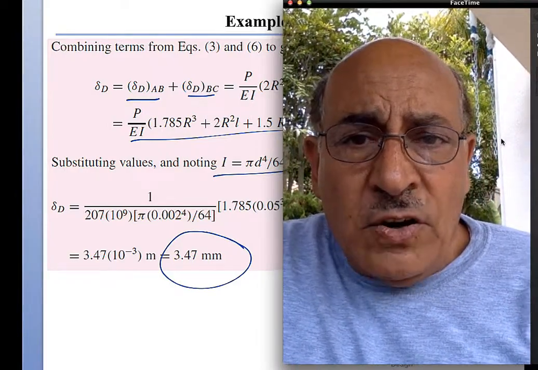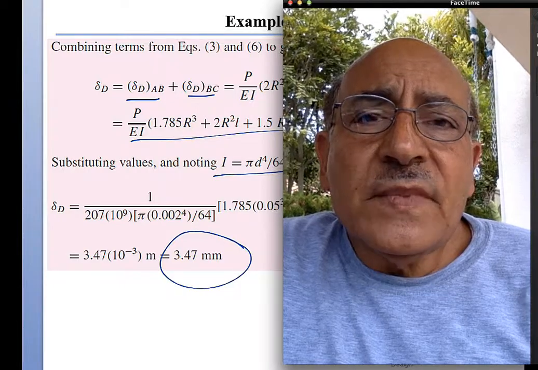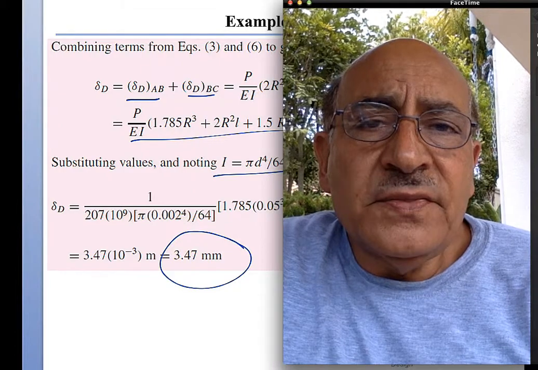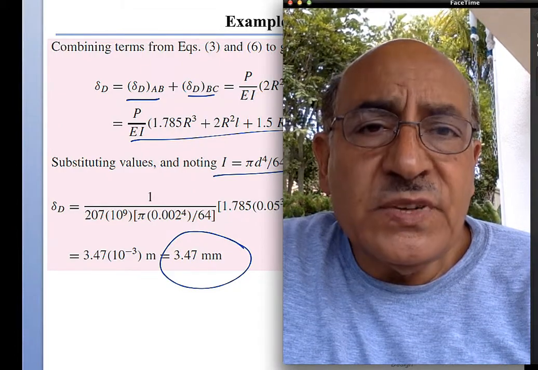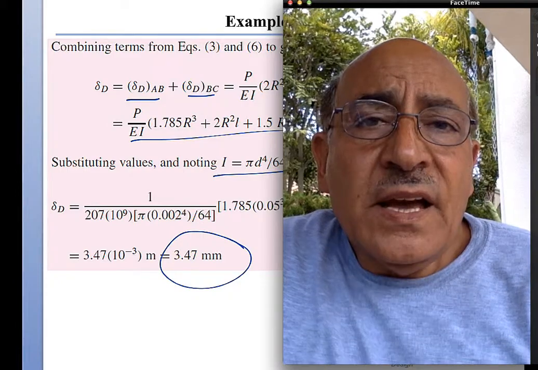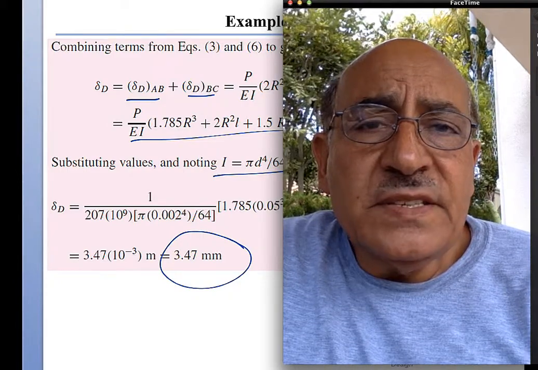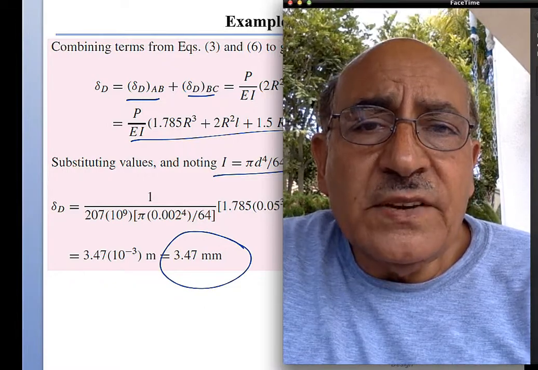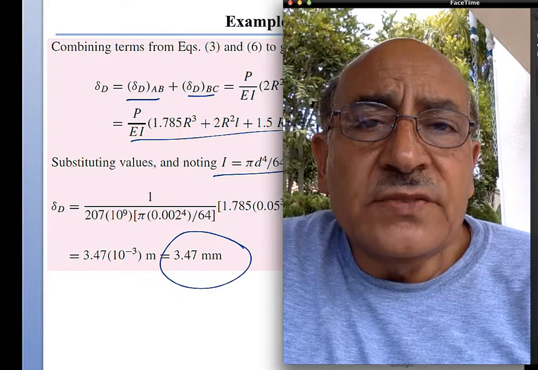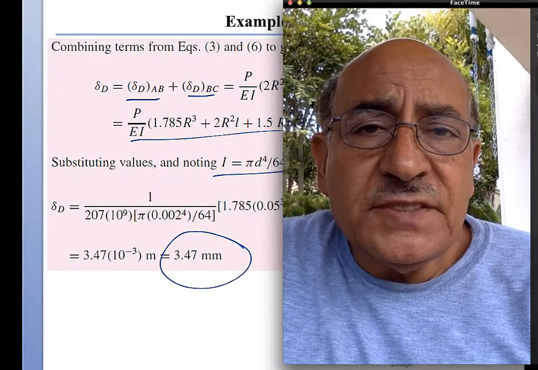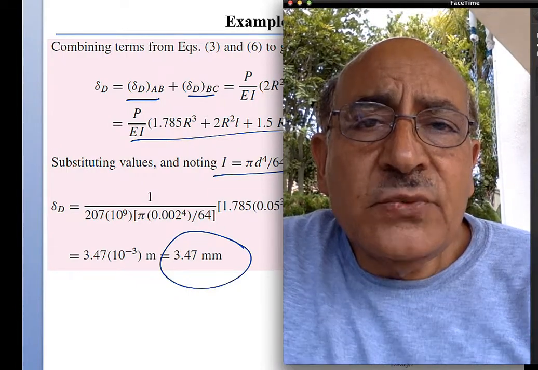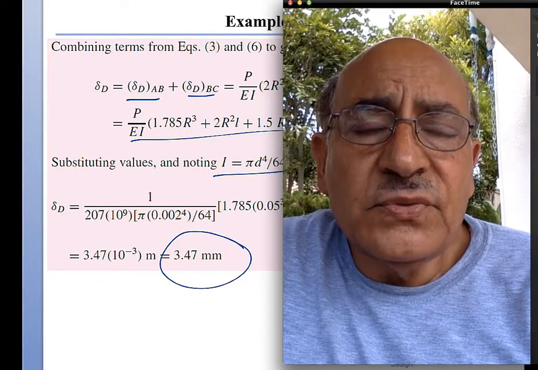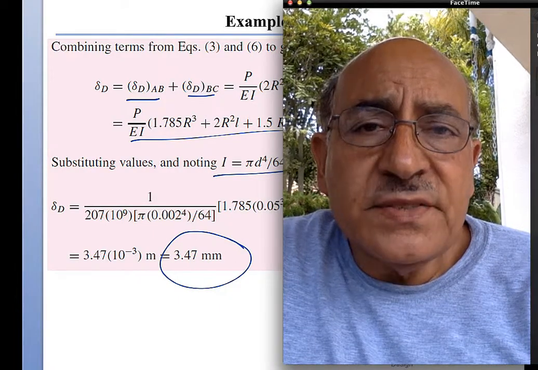So now I'm going to discuss an important topic, which is the deflection of statically indeterminate beams or indeterminate systems in general. And the word indeterminate means that the number of equilibrium equations is not sufficient to give us the unknown resultants or reactions. So in this case, we need additional equations to solve for the unknown reactions.